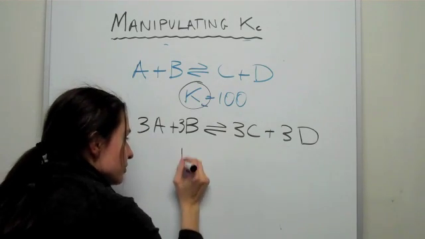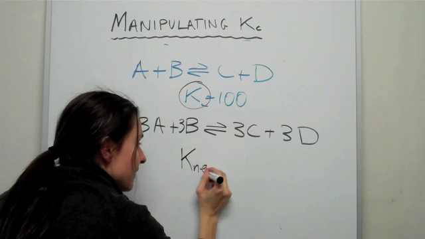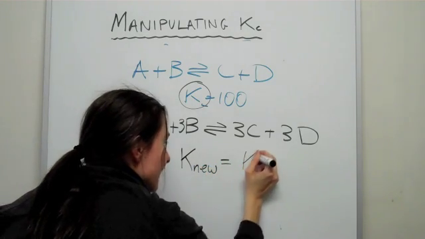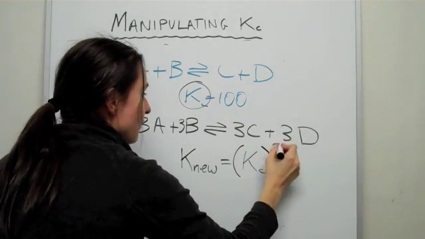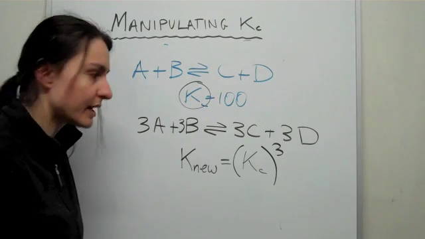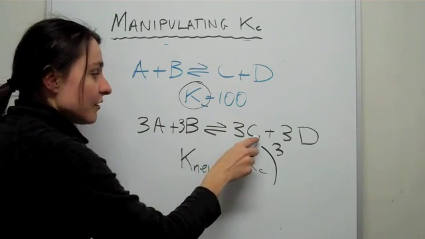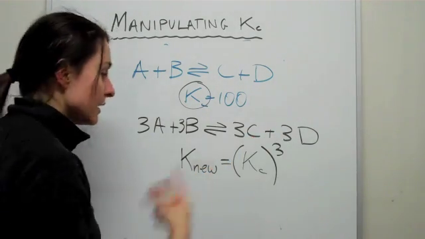So the new K value becomes the old Kc value put to the power of what we multiplied the equation by, 3. Again, you can prove that to yourself by writing the K value and seeing that it's equal.